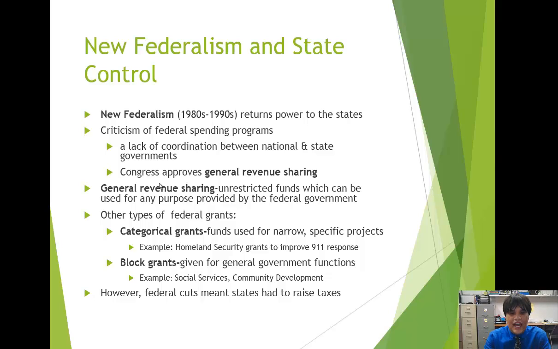You also have categorical grants, which are funds used for narrow specific projects. If you have a narrow specific project that the national government deems necessary, the national government will give these categorical grants and say, you need to use this grant for this purpose. The example here is the Homeland Security grant.